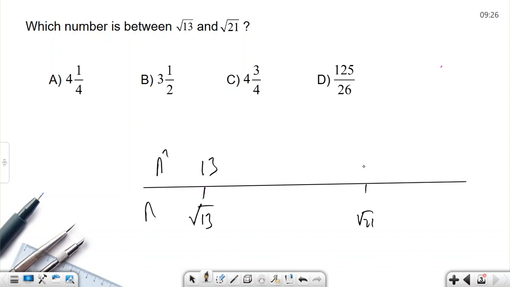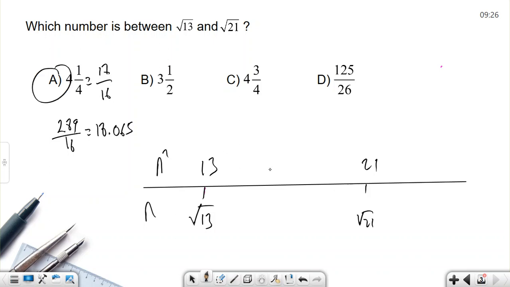Let's check the first option. 4 times 4 is 16, plus 1, that equals 17 over 4. If you square it, it becomes 289 over 16, which equals 18.065. As you see, 18.065 is between 13 and 21.